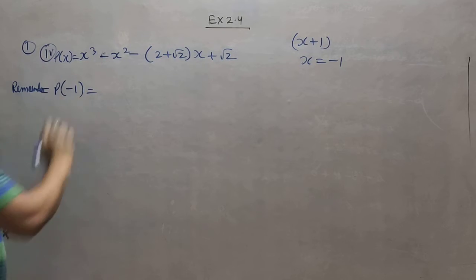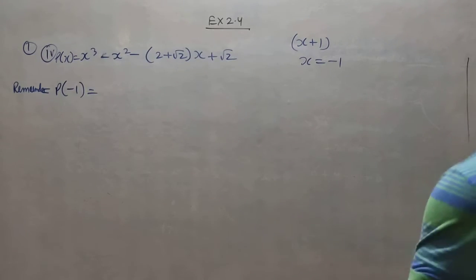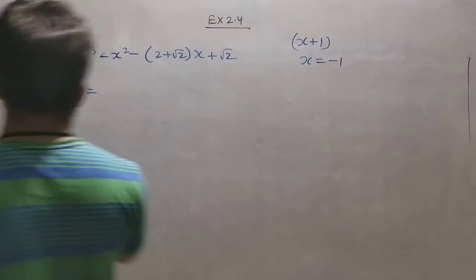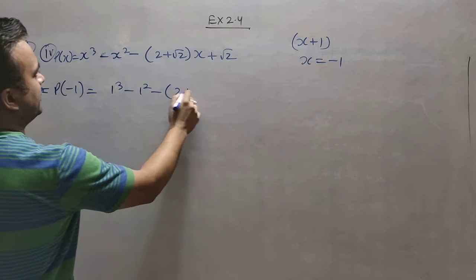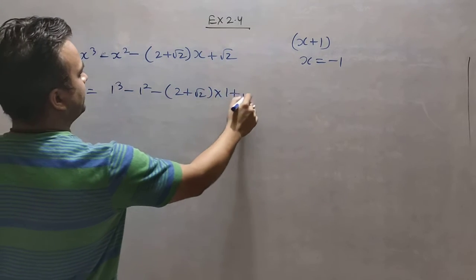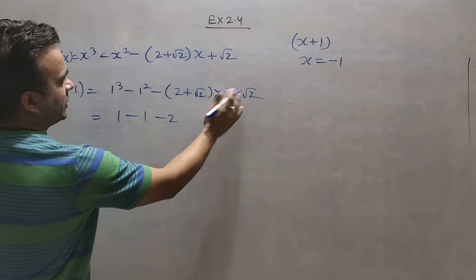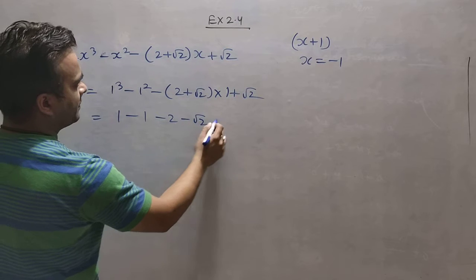Why am I writing this here again? So that it stays in your mind for a long term, so that you understand which concept we are using again and again. So, it will be 1 cube minus 1 square minus (2 plus root 2) into 1 plus root 2. 1 cube is 1, minus 1, and I multiply the minus inside.